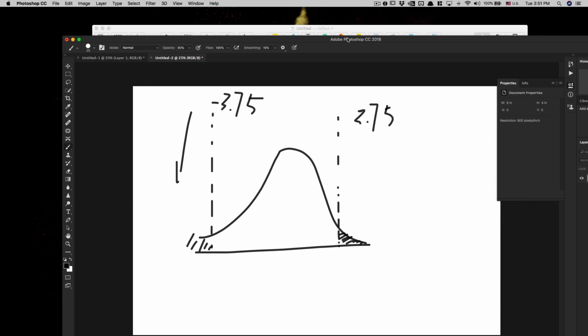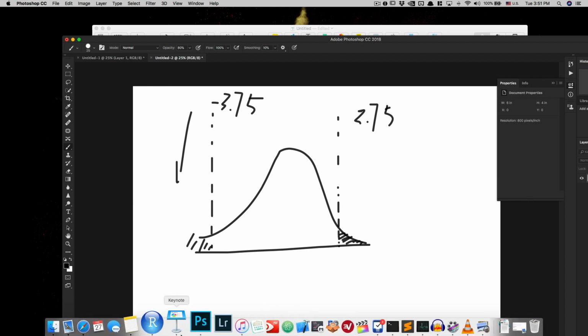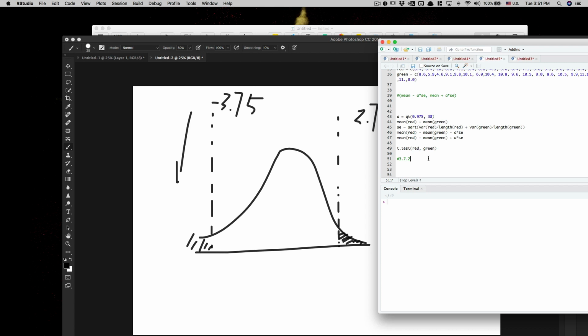So if we calculate the p-value based on this paradigm, this is what we will have. See, on the left-hand side, you want to calculate the probability of a t-distribution that is smaller than negative 3.75, and the degree of freedom of this distribution is 19. So that gives you the probability of this part. And next, we also want this part, but remember, we can only calculate smaller-than probability.